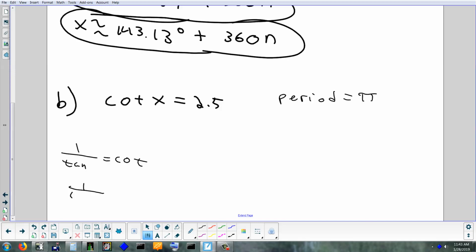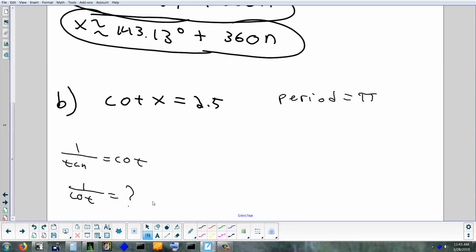But I'm saying, what's this? If you take the cotangent and flip it, what's 1 divided by cotangent? Chris?